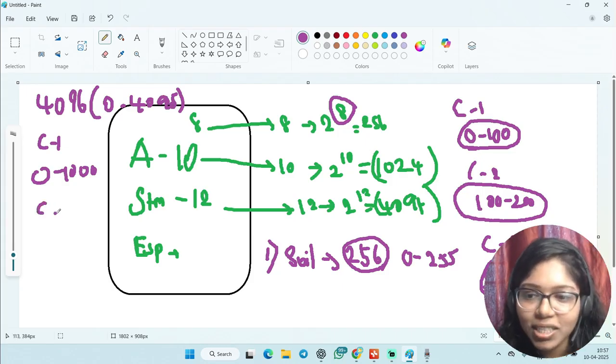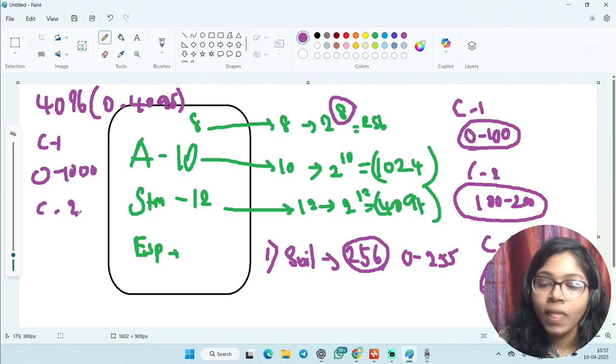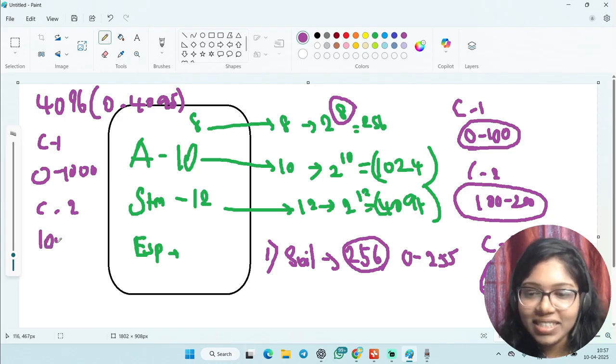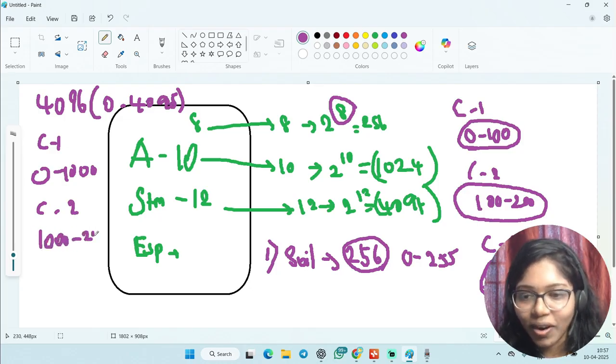The same thing, condition 2, I just want to tell you. Here you can predict the data at 2000, or you can change it to 3000 also.